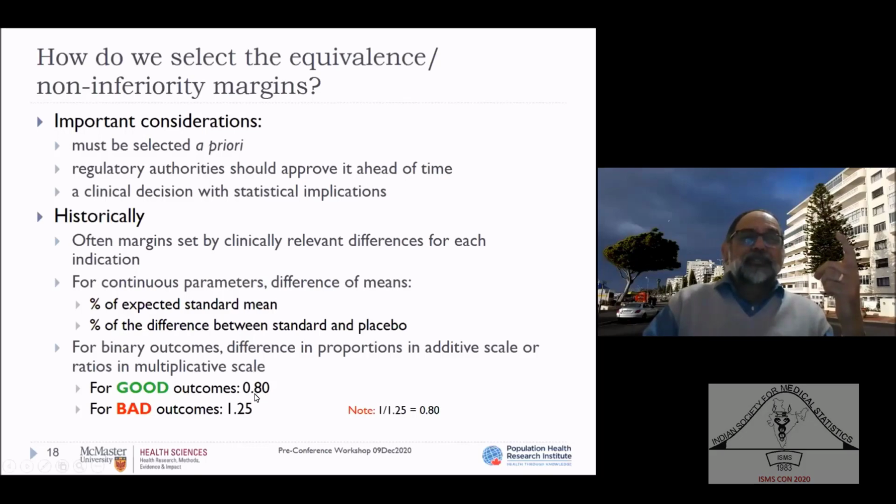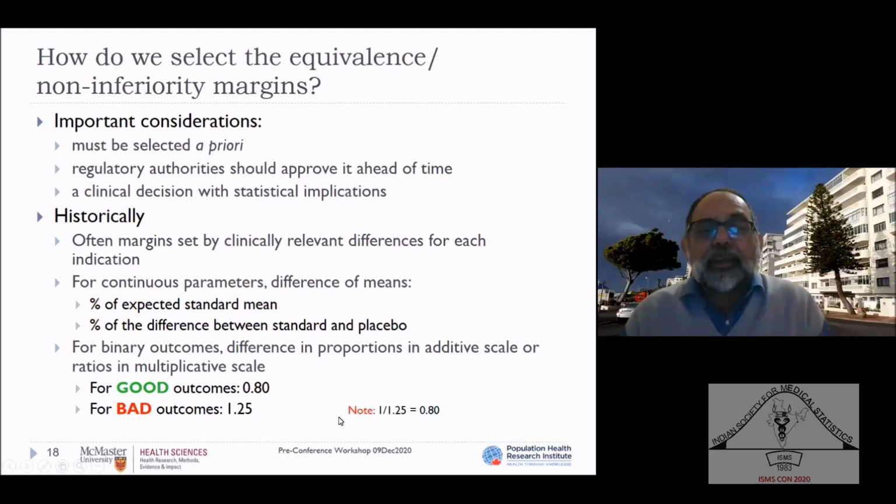On a multiplicative scale, for good outcomes it was 0.8, and for bad outcomes 1.25, because they're the reciprocal of one another. Who established this? This was the US Food and Drug Administration. And this is what everybody in the drug companies wanted in order to get their drugs approved in the United States. So therefore, that's what everybody used to use.